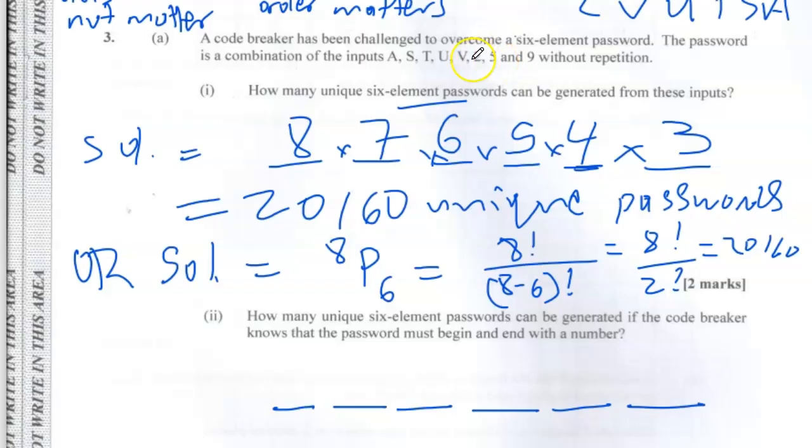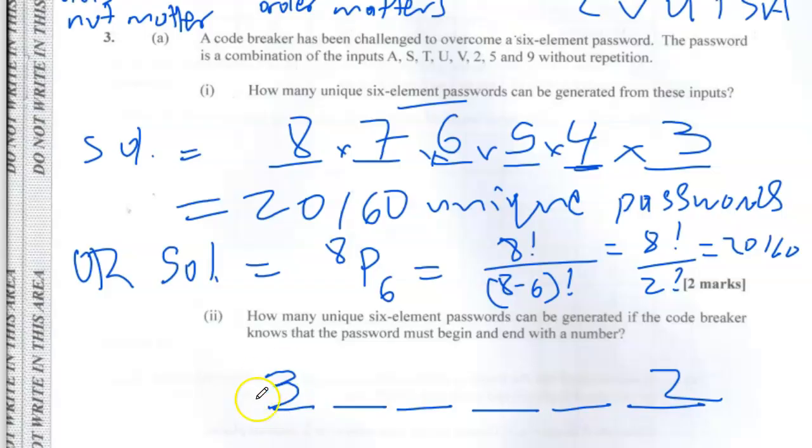We are told that the password must begin and end with a number. Notice we have 3 numbers. If I put a number in the first slot, I have 3 options. And if I put a number in the first slot, the final slot, which should also have a number, I'll have just two options.